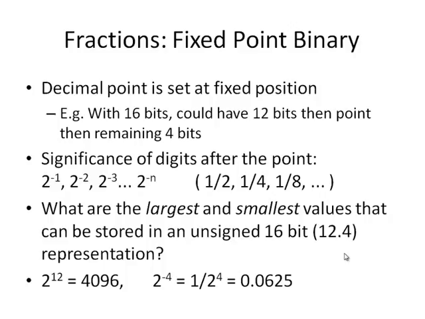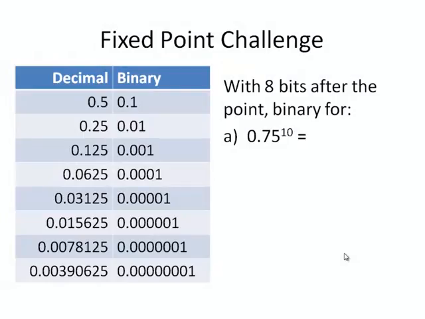So it'll actually be a value just a bit under 4096, because remember the range goes from 0 to 2 to the power of n minus 1. So the whole number we'll be able to represent will be 4095 plus 15/16. And the smallest positive non-zero number we can represent is going to be 1/16, which is 0.0625.